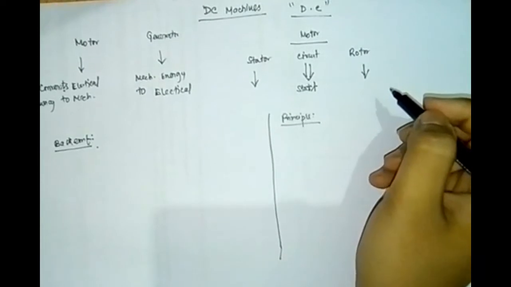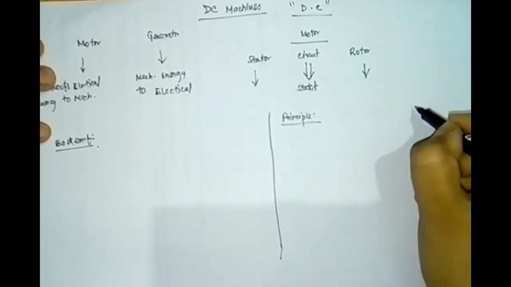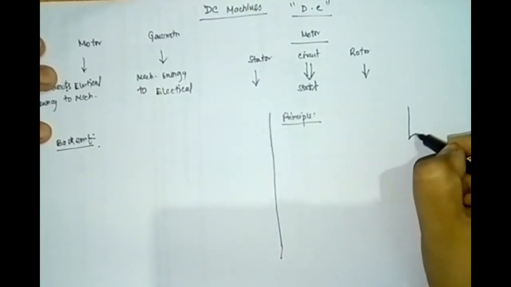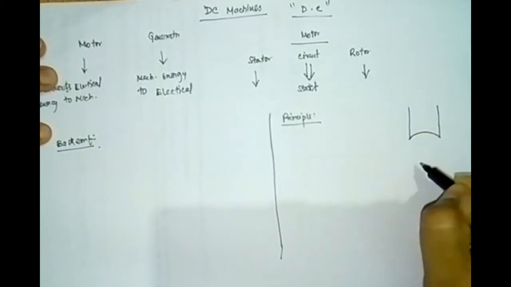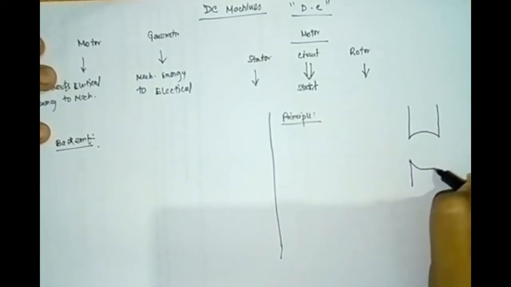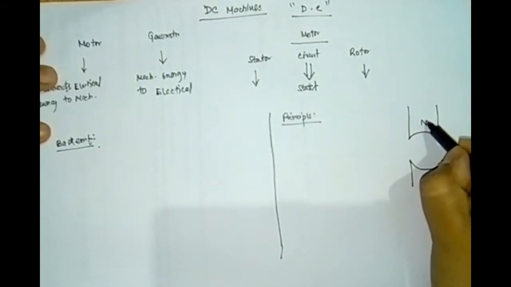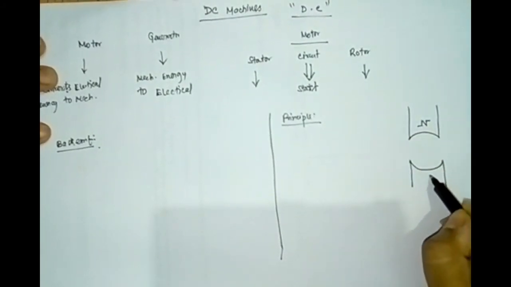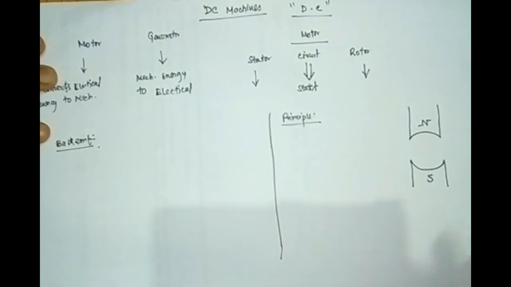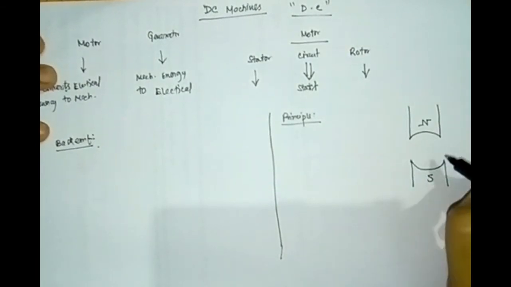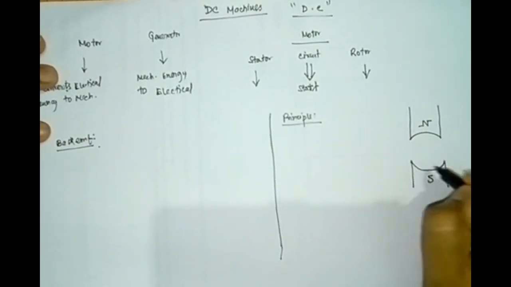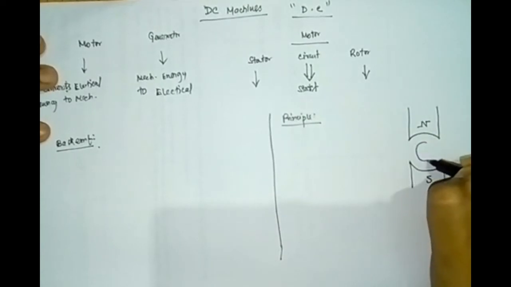What happens? A current carrying conductor is placed inside a magnetic field. So this is a magnetic field, and you have heard that every magnetic field has two poles, north and south, and a current carrying conductor is put inside that magnetic field.